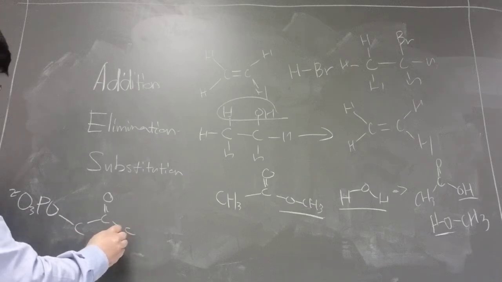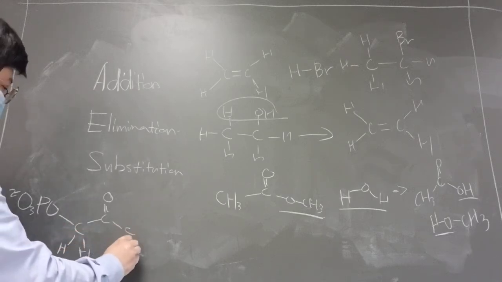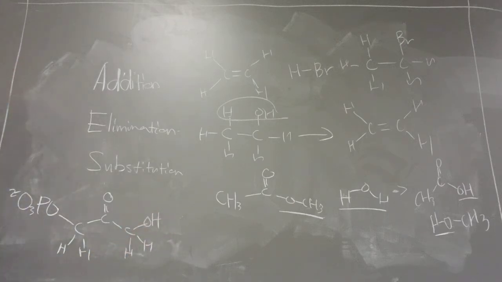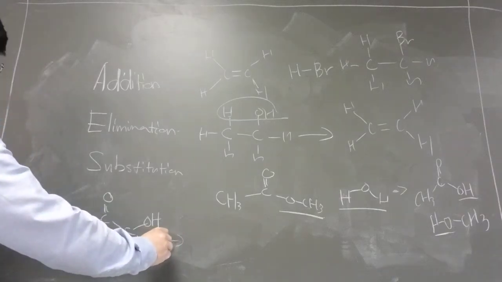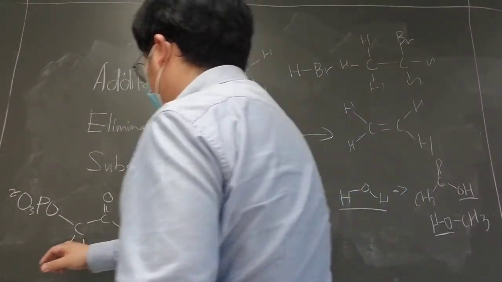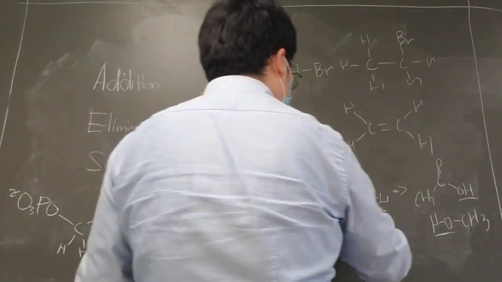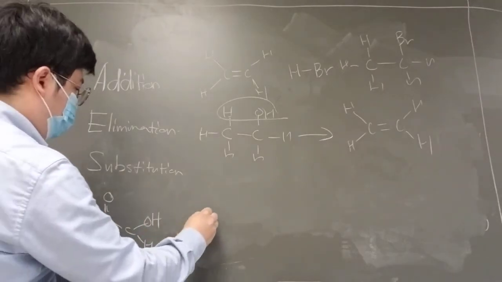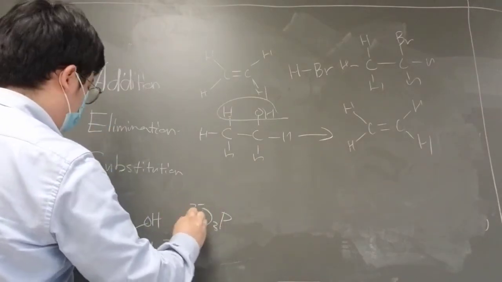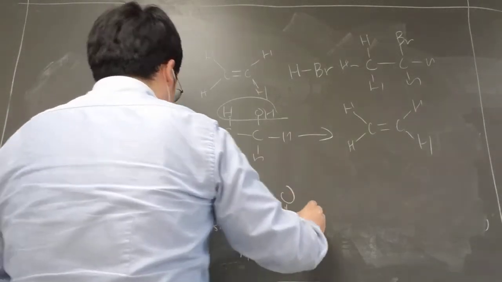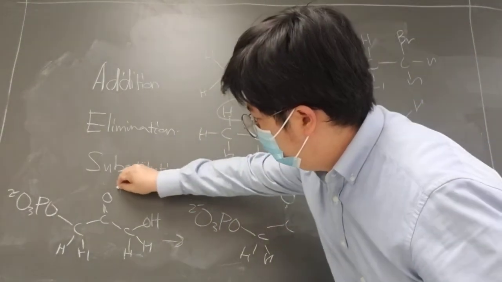Okay, let's see. So we have some dihydroxyacetone phosphate here. But we can also switch some groups there. They will keep most of this part the same, but we're going to switch those two.